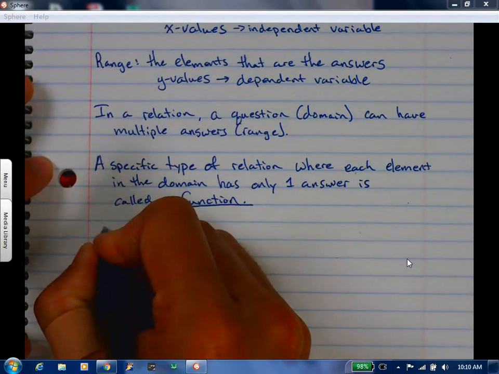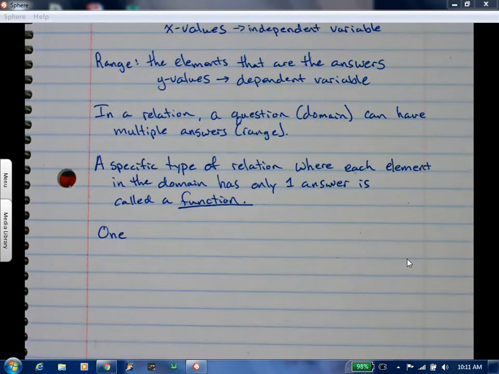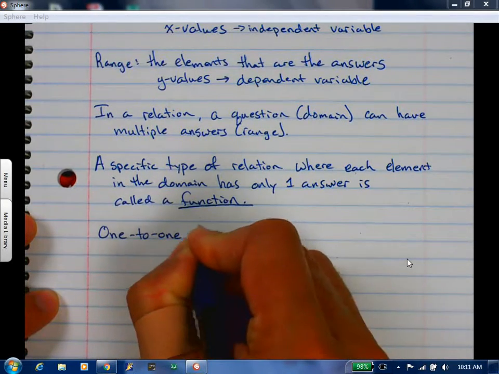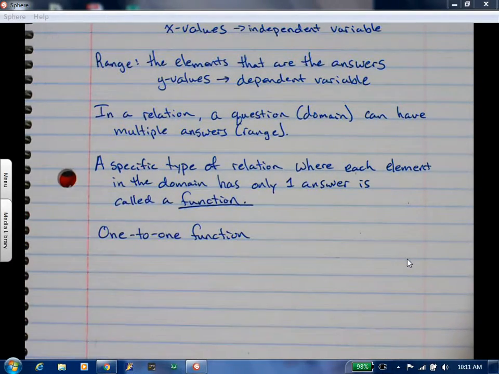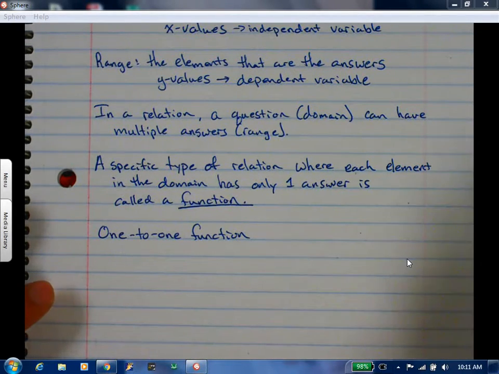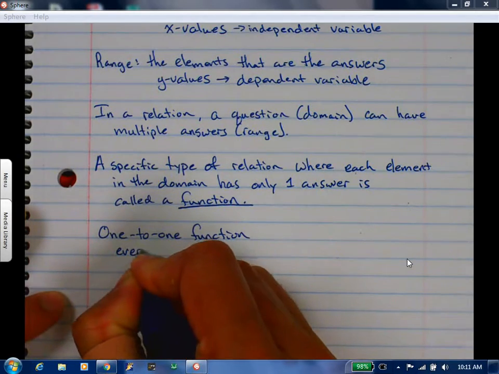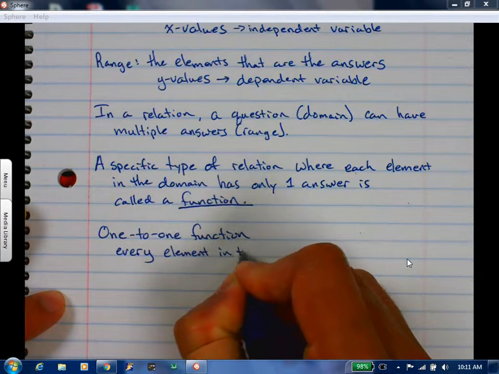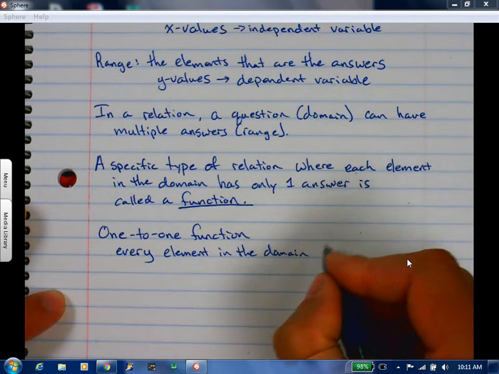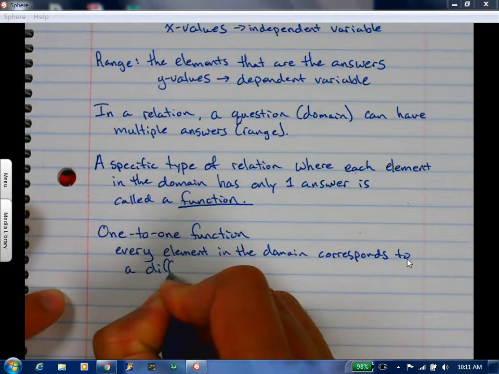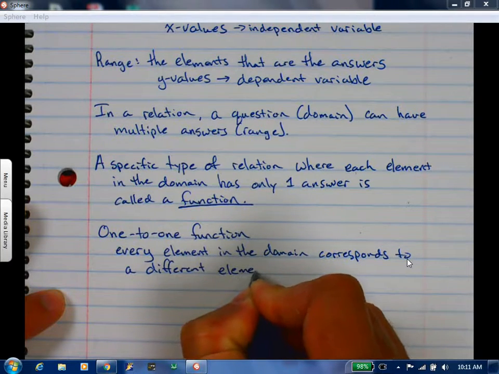A little bit more with this, and we'll get to some examples of what your questions will look like. A one-to-one function. We'll draw a picture after we write this out so we can see it. Every element in the domain corresponds to a different element in the range.